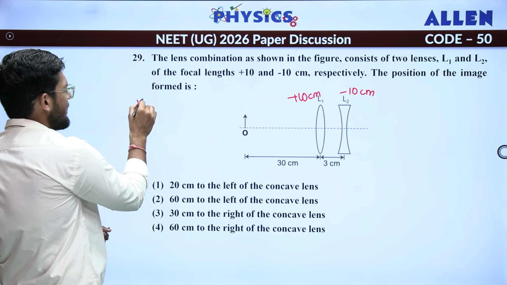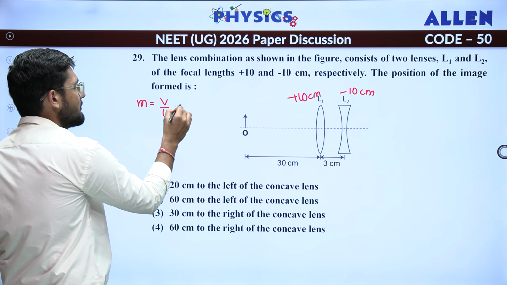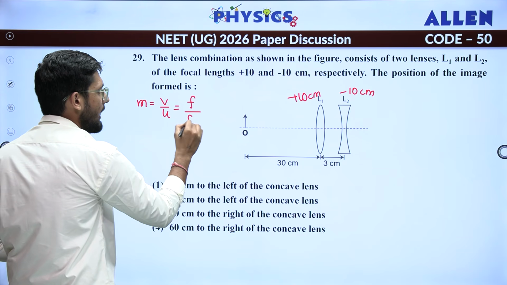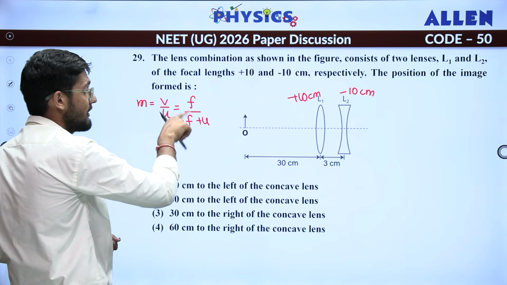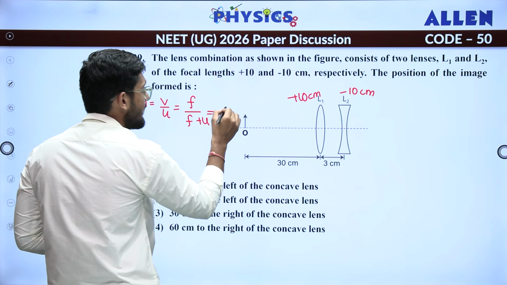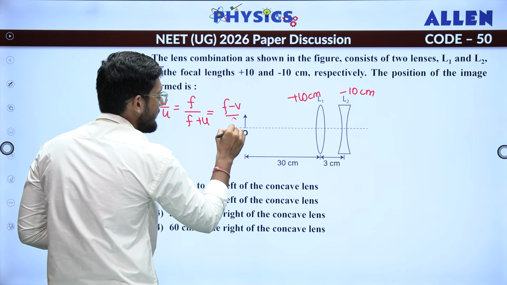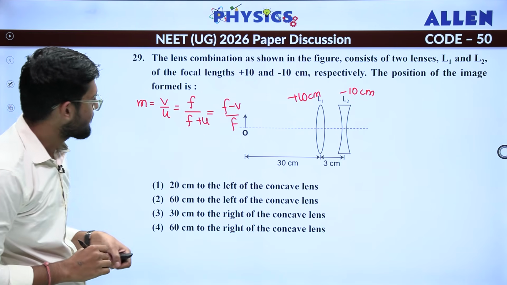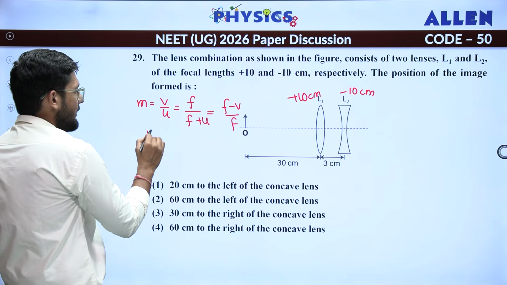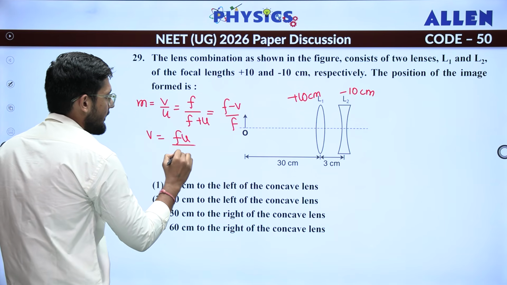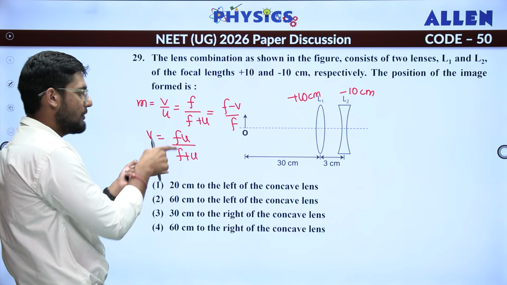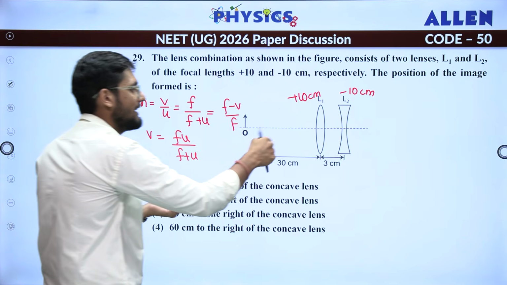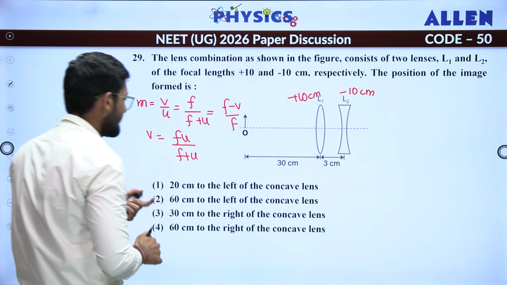You know this formula of magnification, v by u is equal to f by f plus u for the case of lens, and this is the formula for v. Now we can use this formula, v is equal to fu by f plus u, to calculate the value of final image formed for this lens.